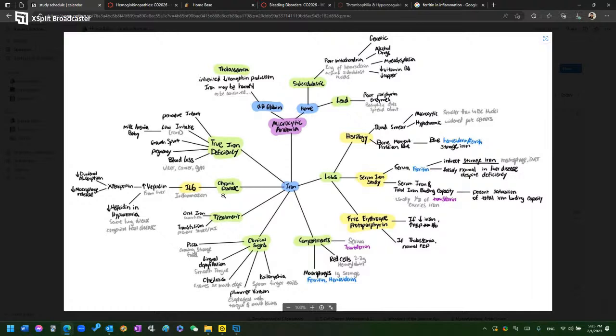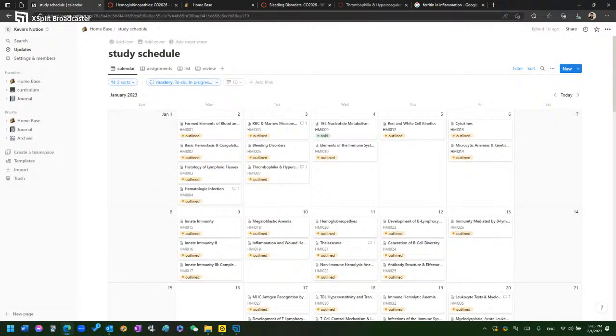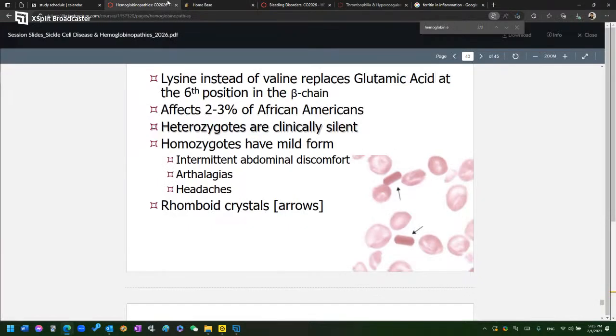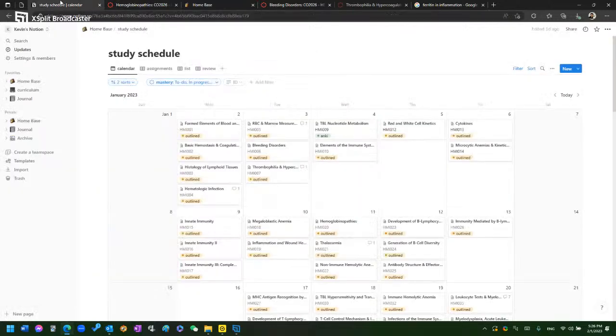And iron can be unavailable due to sequestration, or it could also be unavailable because it's actually lacking iron. So that's that. All right. That's your microcytic anemias. I'm going to go on to megaloblastic in a minute.